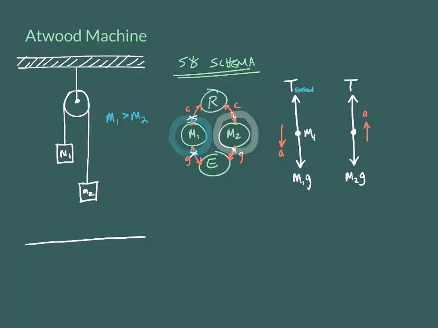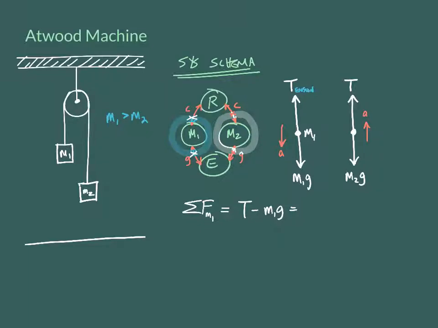So if I sum the forces on mass 1, I'll just put that there, then I'm going to have a tension up that's positive minus the weight, or M1G, and that's the sum of the forces.